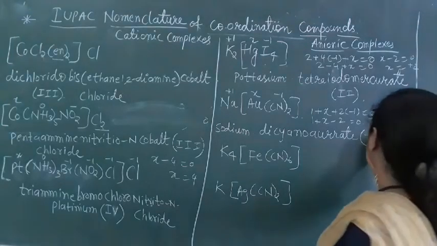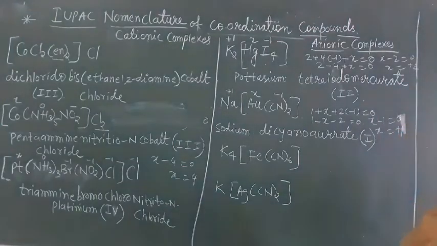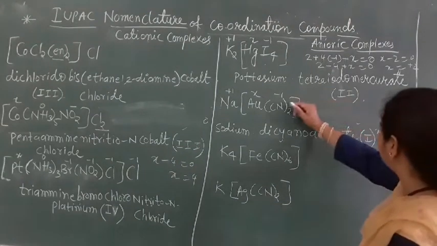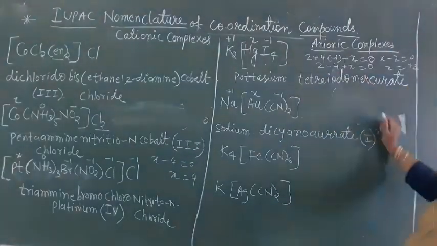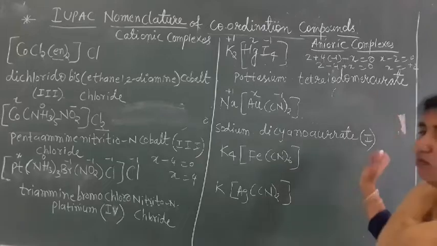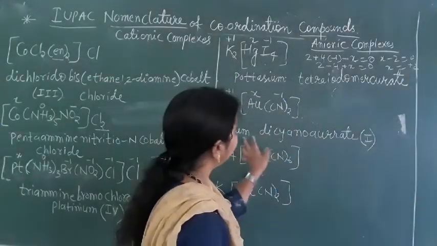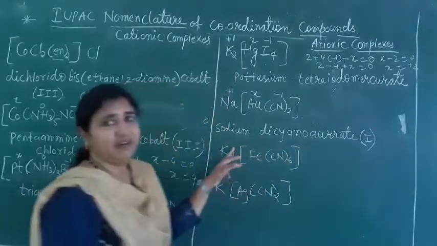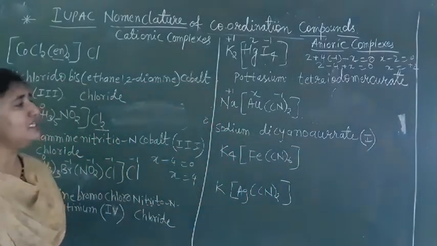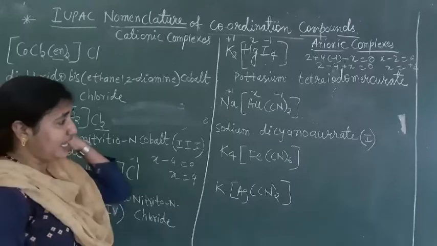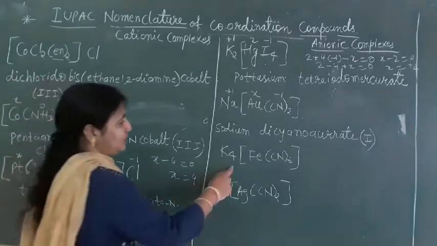Plus 1. So the oxidation state is plus 1 here. So in the parenthesis what will come? 1 will come here. Okay. So we have sodium dicyanoaurate. The name will be what here? Sodium dicyanoaurate.